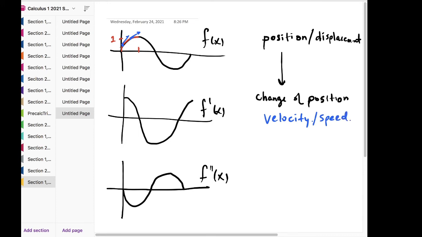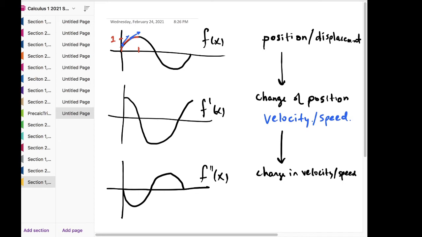Maybe see what I mean? How much is position changing with respect to how time is changing? That is a measure of velocity or speed. So how would you characterize change in speed? That's acceleration.